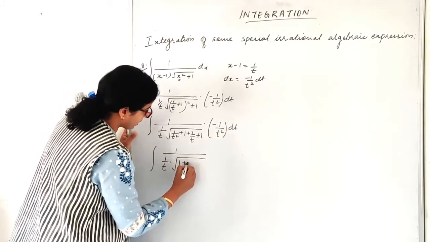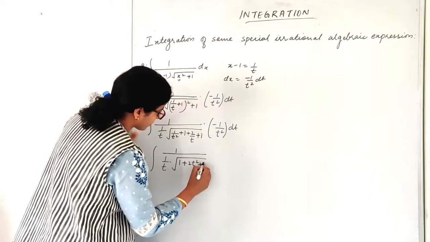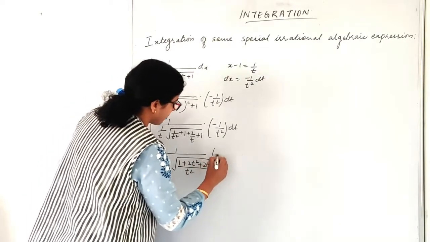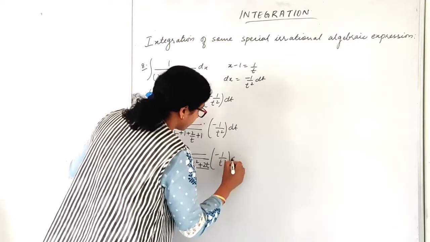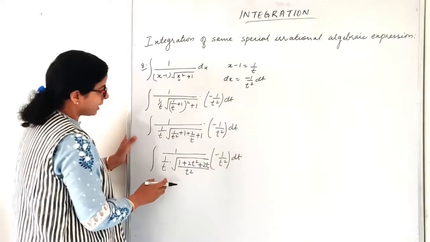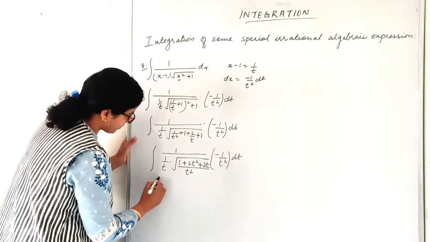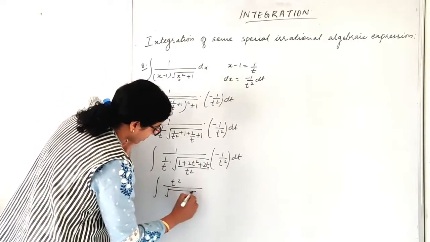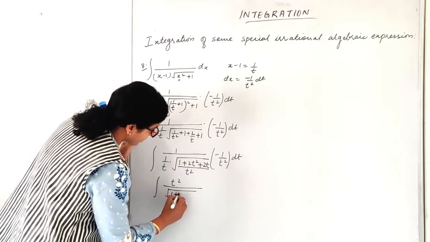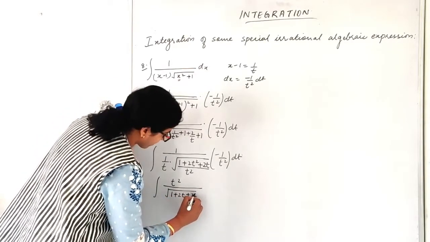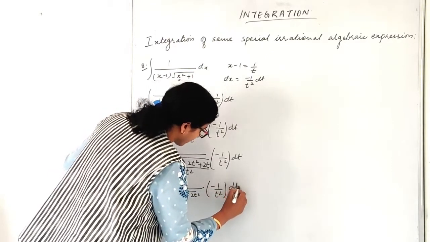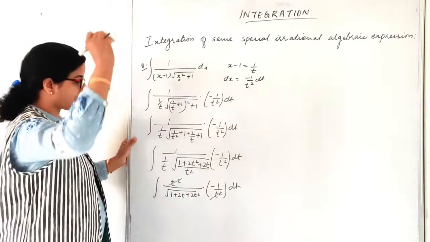So 1 plus 2t square plus 2t upon t square, minus 1 upon t square dt. Correct? Now if I solve it, what am I going to get? t square upon root of 1 plus 2t plus 2t square, into minus 1 upon t square dt. Correct? This and this part will get cancelled.